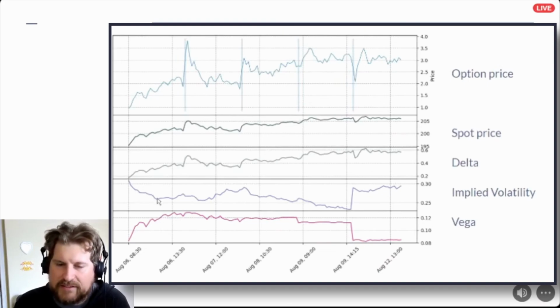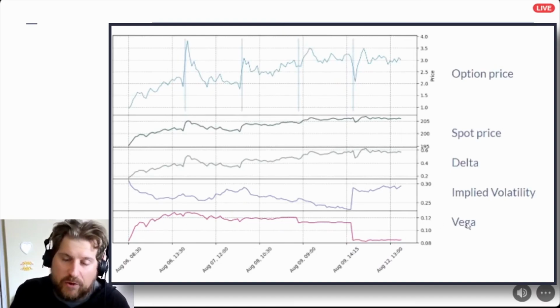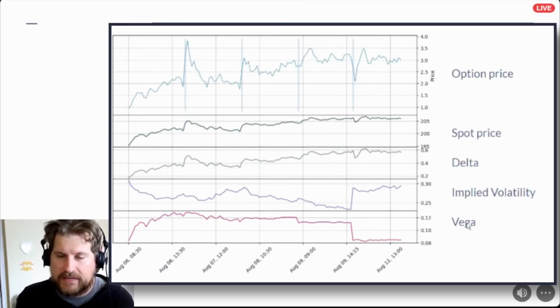And the implied volatility during this day, Tuesday, August 6th, was actually going down. So because implied volatility was going down, this positive Vega was actually working against your contract.